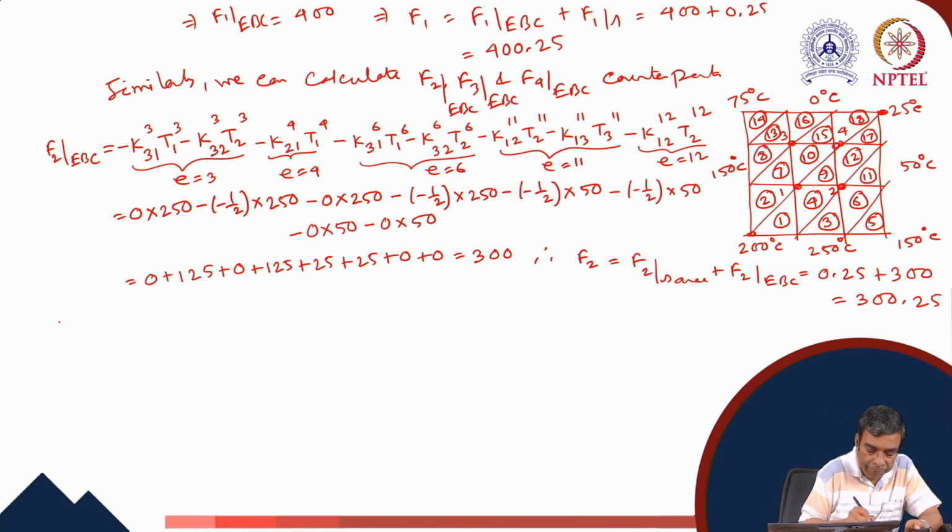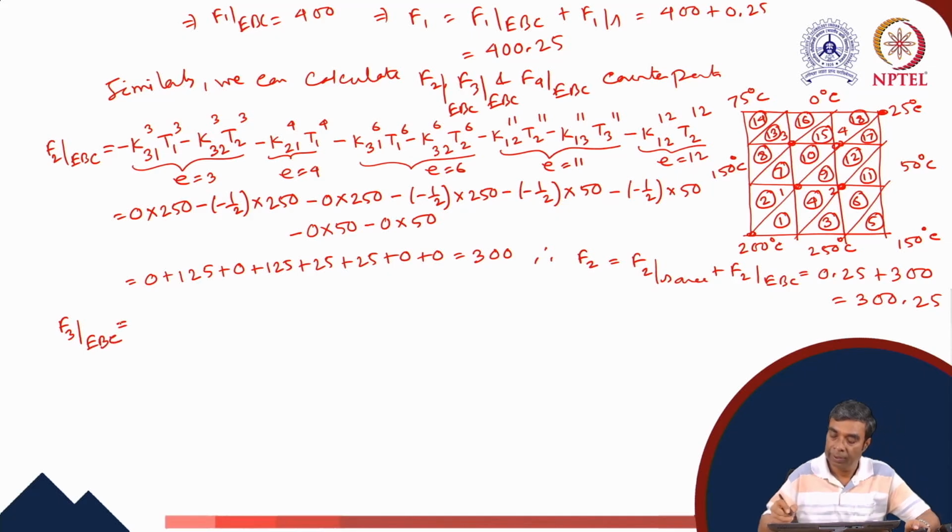In a similar manner, we can calculate F3 EBC and F4 EBC. For example, F3 EBC will be contributed from elements 7, 8, 13, 15 and 16. If we consider element 7, in this case I is 3 and B is 1.